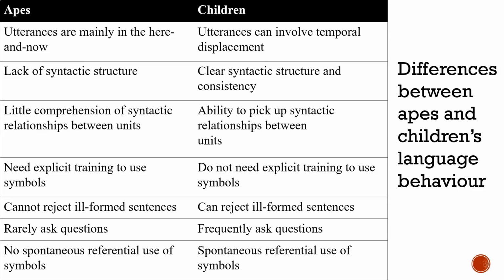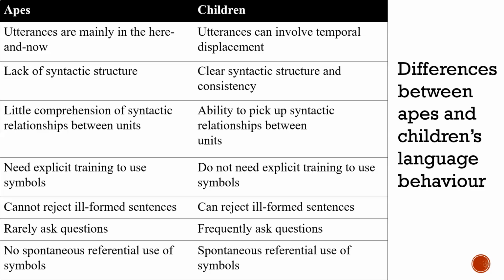For apes and animals in general, they need explicit training to use symbols for utterances or anything. For the parrot we discussed before, after 13 years, human beings at age 13 are teenagers already, sophisticated young adults.